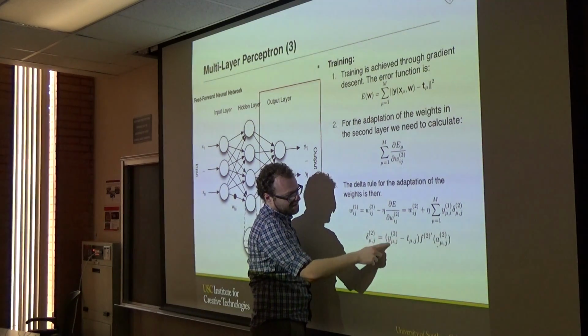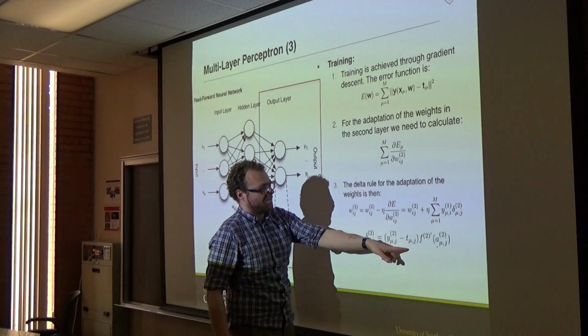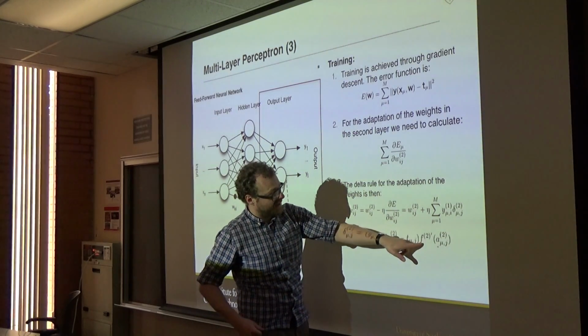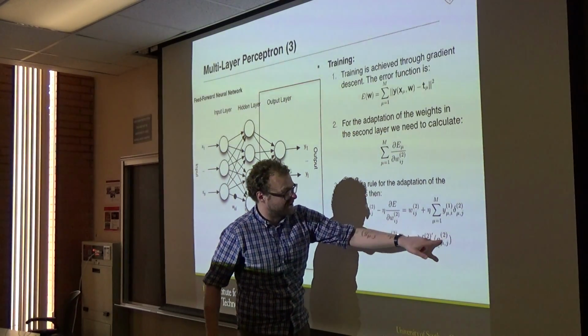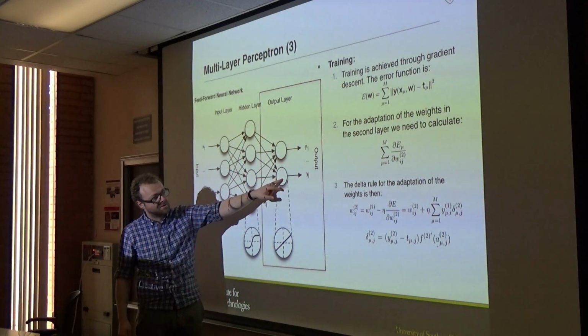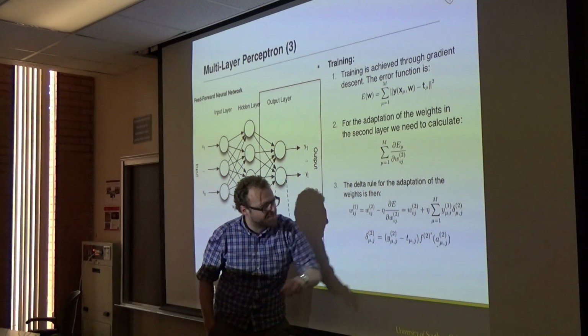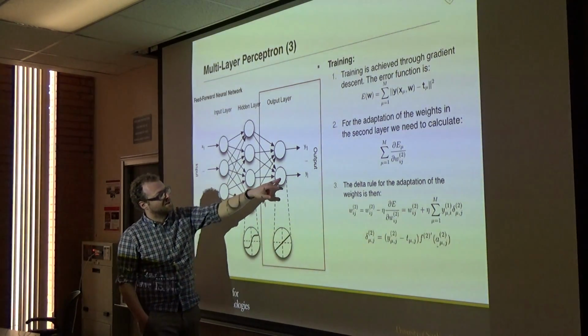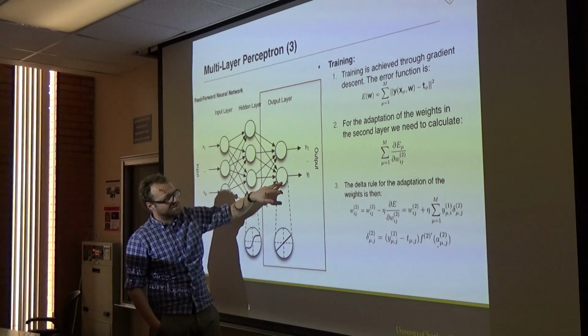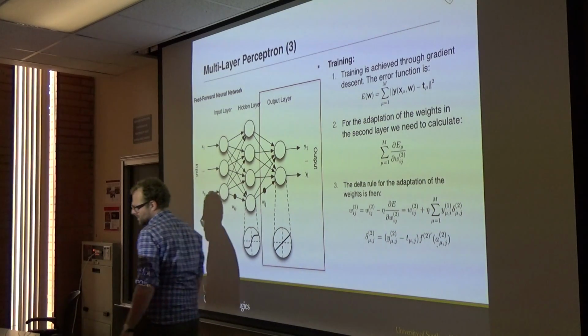So it's the output of what we have minus what we want to have, and then we apply the derivative of the transfer function on the membrane potential of this neuron. But it's linear, so it would just be a constant here.